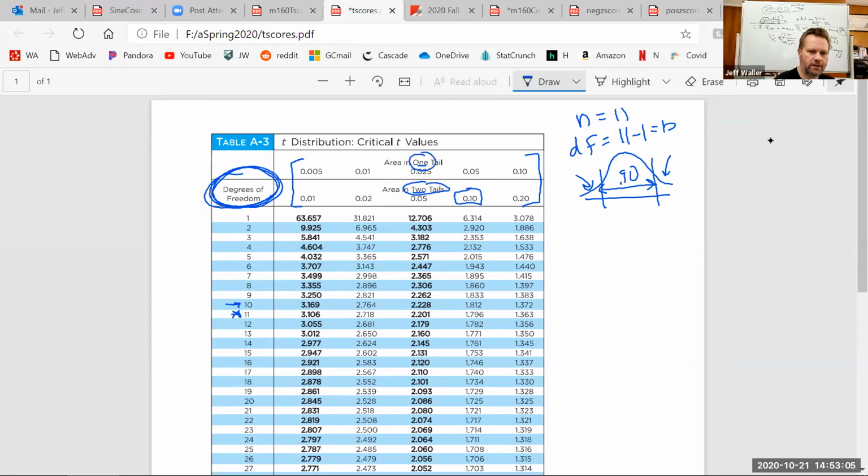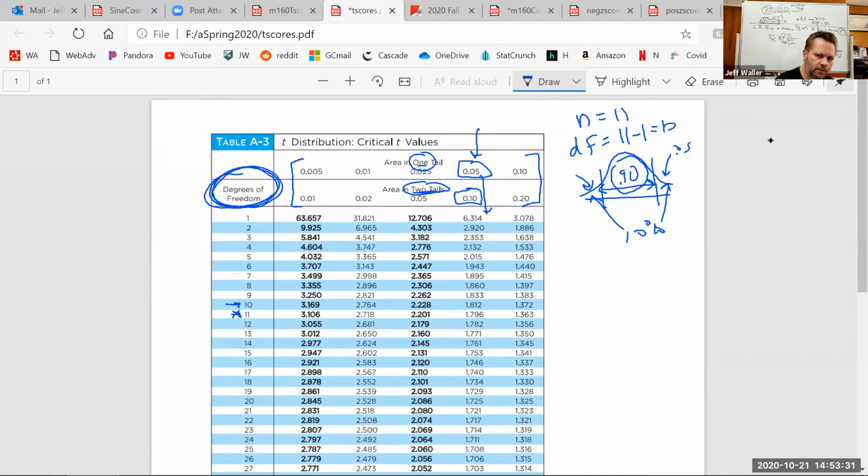And in 1 tail, there would be 5%. Am I not in the same column, no matter which way you look at it? Are you guys with me? 90% confidence will have 10% in the 2 tails, right? So that's this column, 10%, 2 tails. But what if you look at it like it's 5% in 1 tail? Oh, 5% in 1 tail, same column.